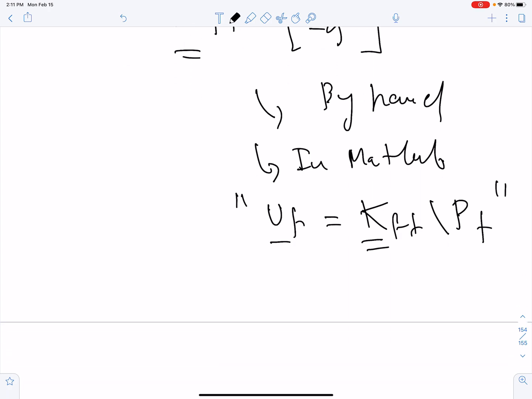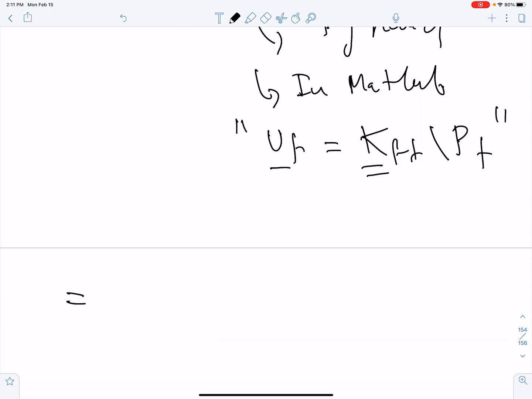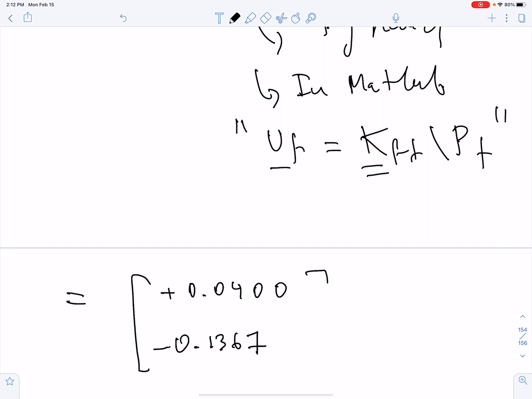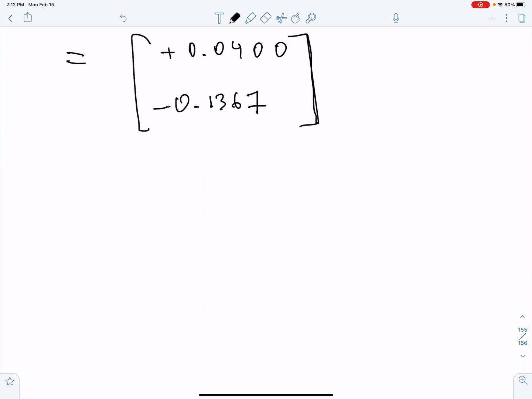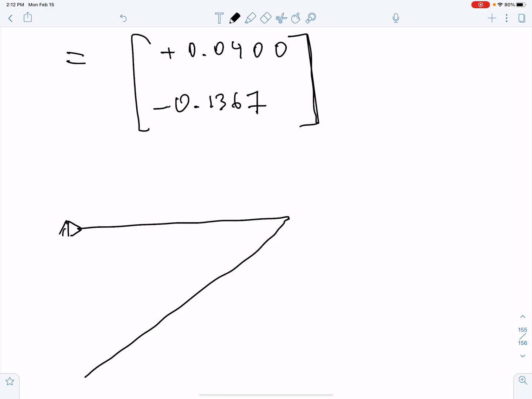If you carry out that operation, what you get is something that looks like this: plus 0.0400, and minus 0.1367.